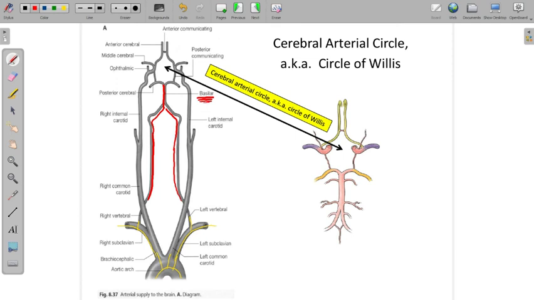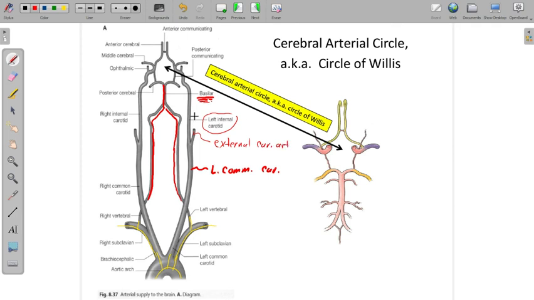Okay, so you also have the right and left common carotids. So this would be the left, I'll abbreviate again, common carotid. And if this is the internal, that would mean this has to be the external carotid artery. These are all labeled except for some of these that are cut.